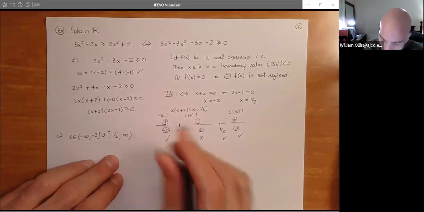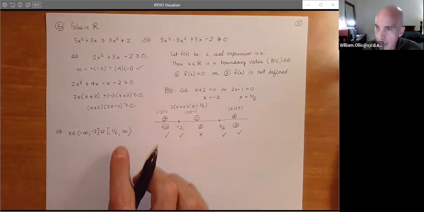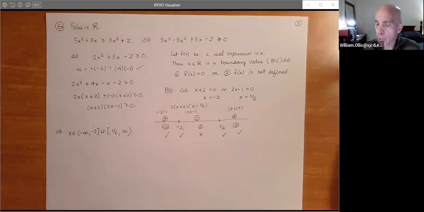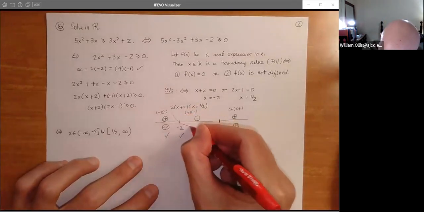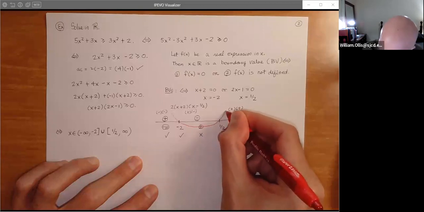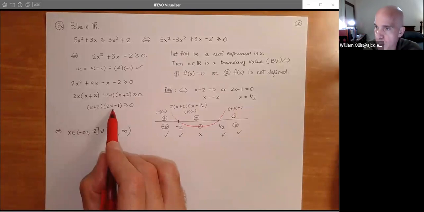So what's important here when you think about this problem is that this is going to recur over and over. And in some cases, what I'll do is think about multiplicities. It's like above, below, and then above. Because if you look here, these zeros have multiplicity 1.